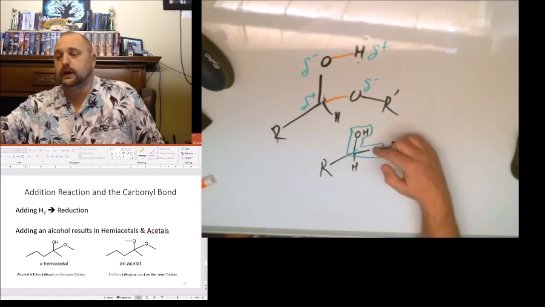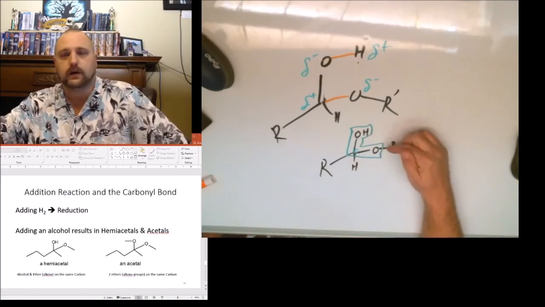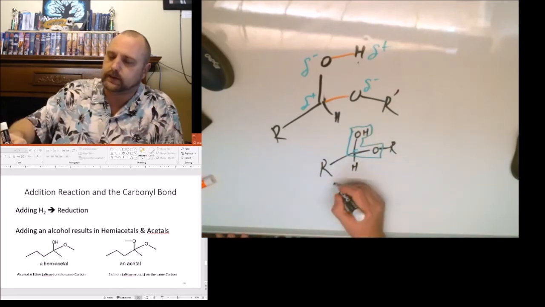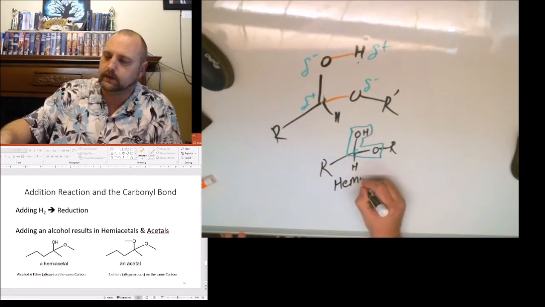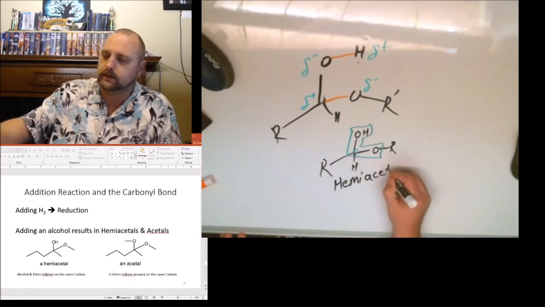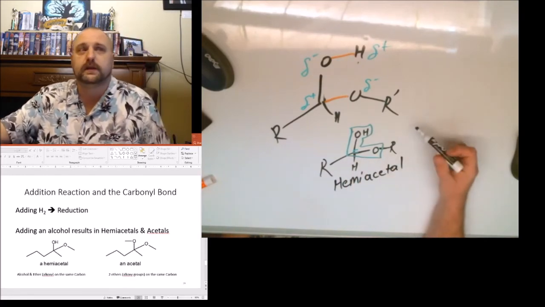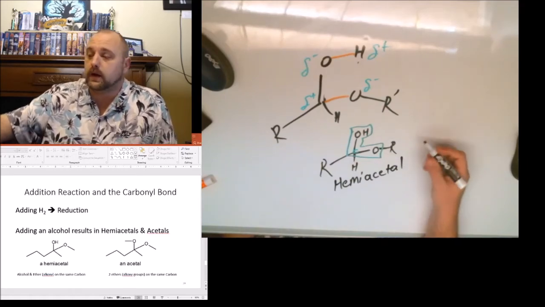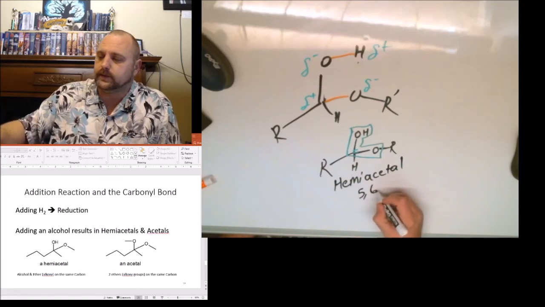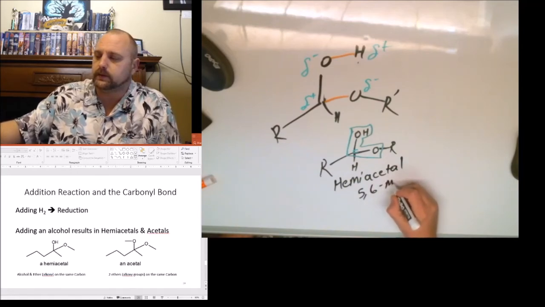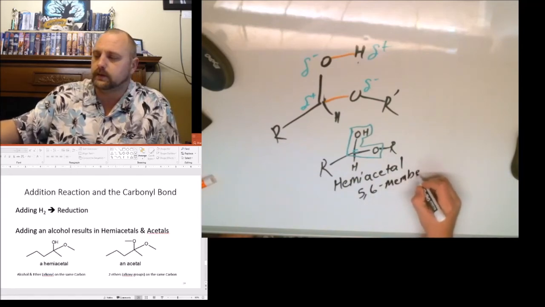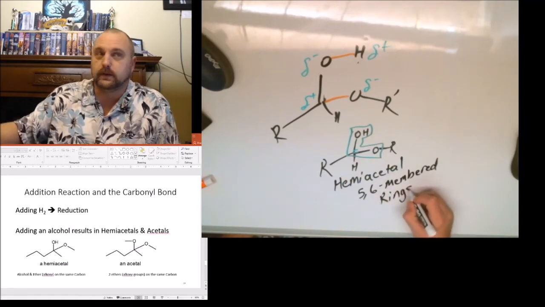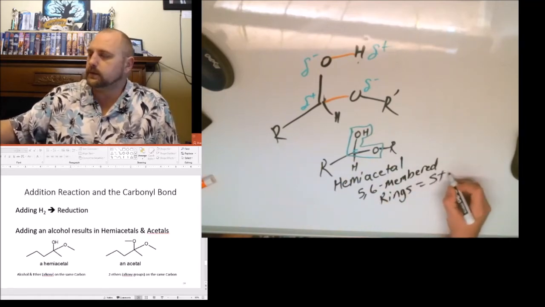I've got an ether link on the same carbon that has an OH, so this one is a hemiacetal. And we said that these are not very stable unless they're part of a ring, in particular 5, 6 membered rings. Those are stable.